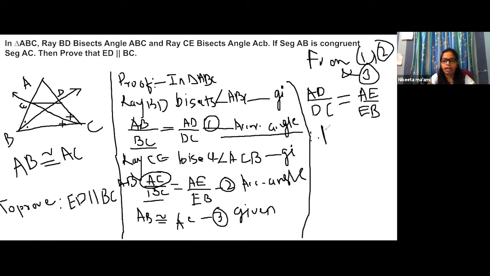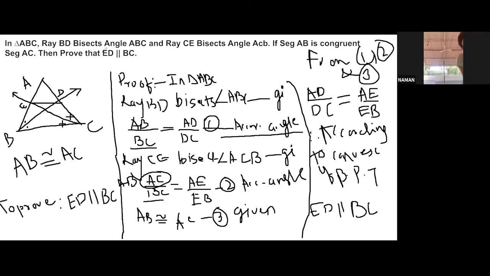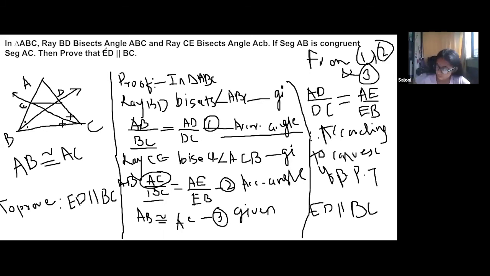Therefore, according to the converse of BPT, basic proportionality theorem, I can say that DE is parallel to BC. Yes, everyone understood? Anyone has any doubt regarding this? No, ma'am.